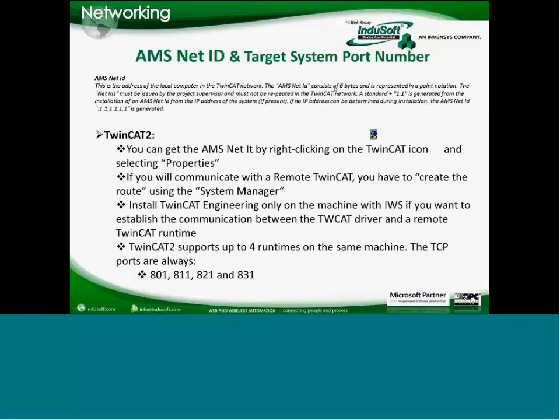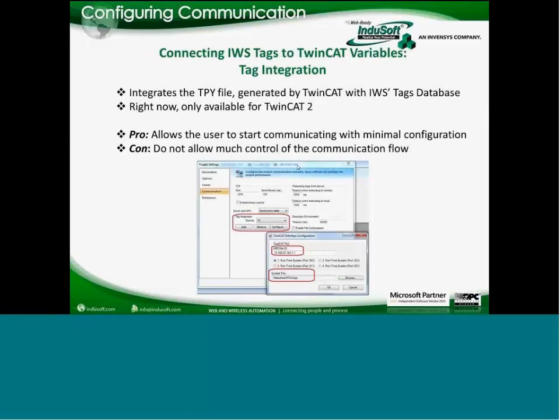All right, so we're going to go to the next slide and show the first possibility of communication that you have between InduSoft and TwinCAT. We're going to talk here about the tag integration. What is that? Let's say that you create your TwinCAT project, and then you can save and build your project and link that TwinCAT symbol file to the Web Studio project.